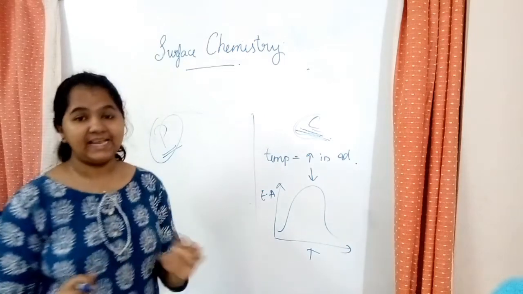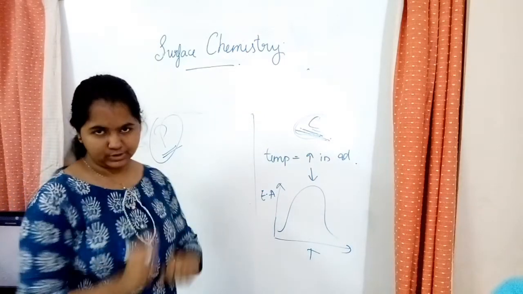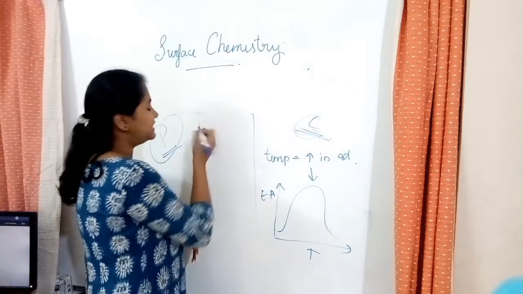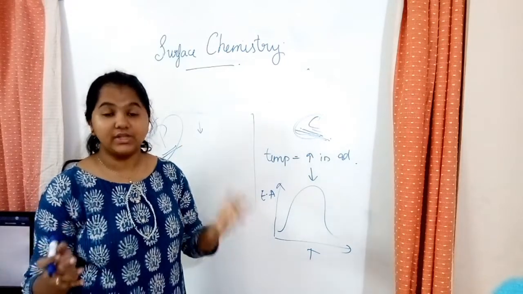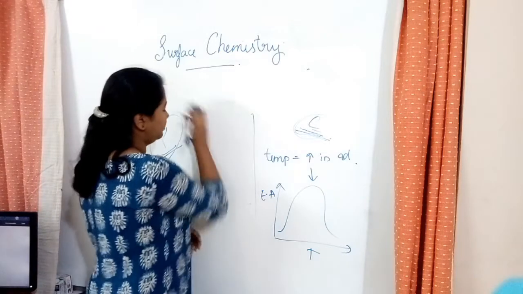So under physisorption, what should we learn next? When there are highly liquefiable gases in the atmosphere, what would happen? These highly liquefiable gases, with what? There should be some condition.